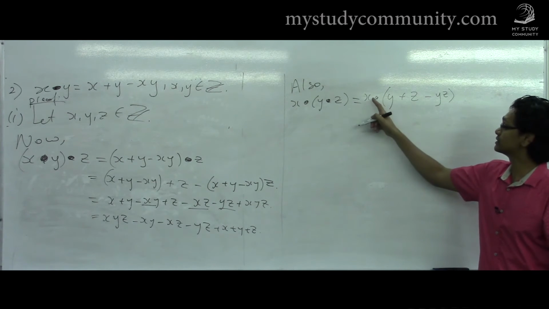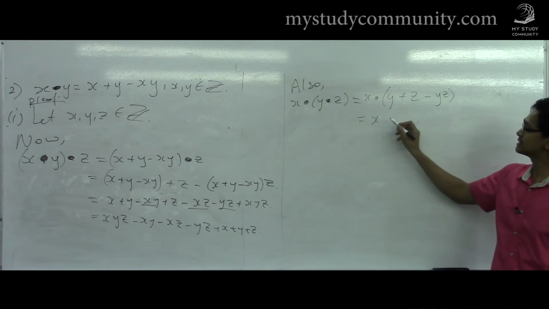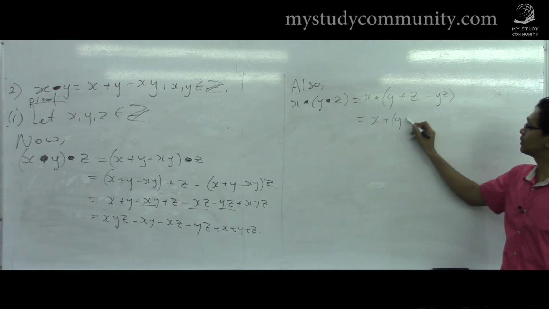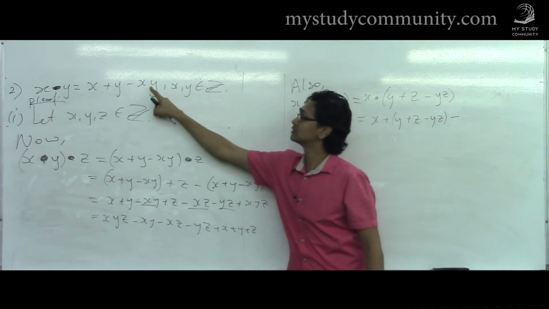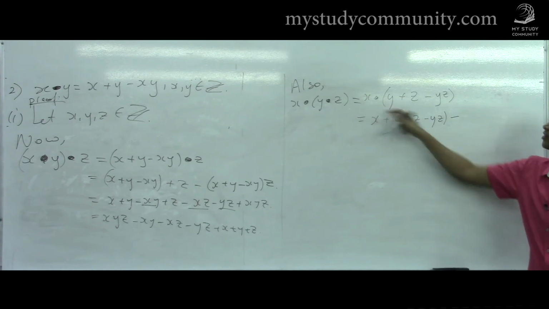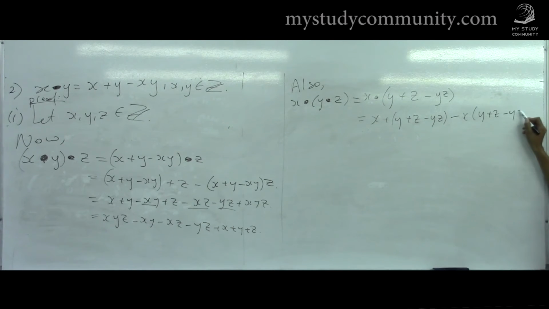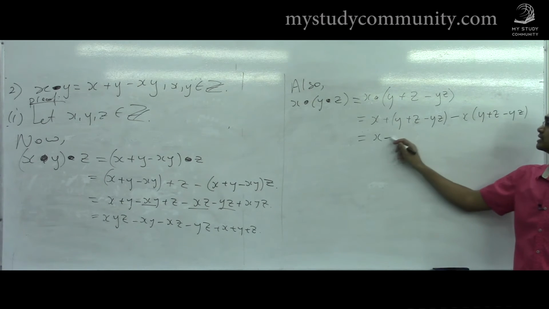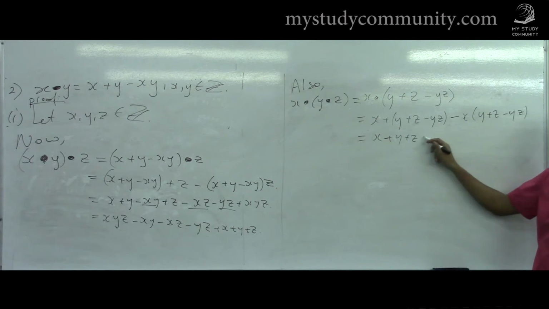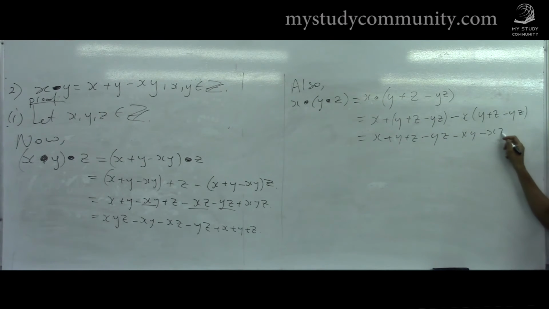We simplified, so x circle this now is the first element plus the second element in this long thing here, minus the product of the first and the second. So minus the product of x by the second, which is y plus z minus yz. And this you simplify, so you get x plus y plus z minus yz minus xy minus xz plus xyz.